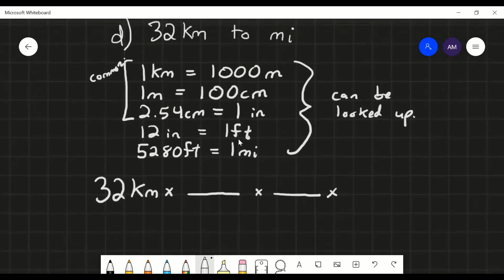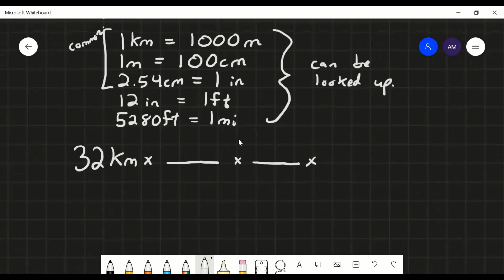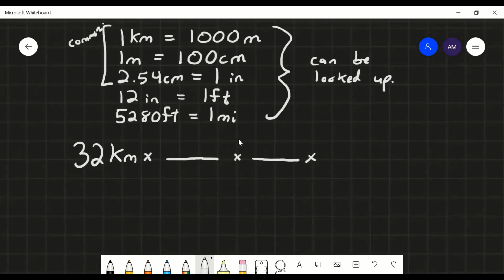All right, so I'm assuming you paused the video. If not, then we'll just work on it in real time. So 32 kilometers. We put that over 1 as per usual. Let's convert kilometers to meters. That means we have to put kilometers on the bottom of this fraction and meters on the top of the fraction.